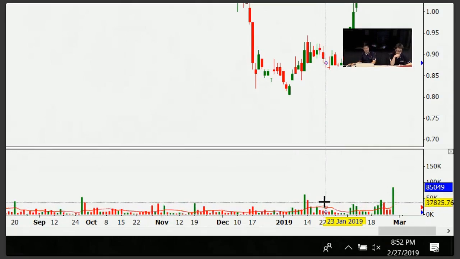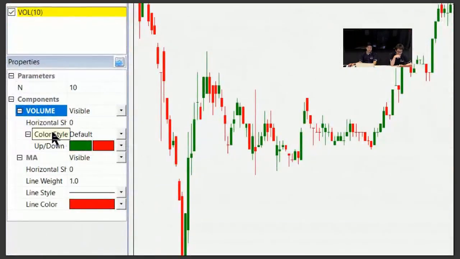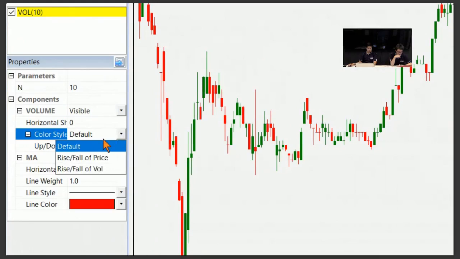Correct. Okay, so we can see the color style. You can press on this. There are two types to choose. One is the rise. You want the color to change due to the price or due to the volume changes. So let's say if the price rises today higher than yesterday, then the volume bar will be green, even though the volume dropped.